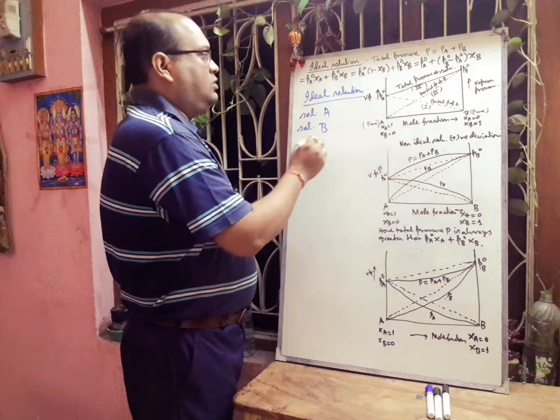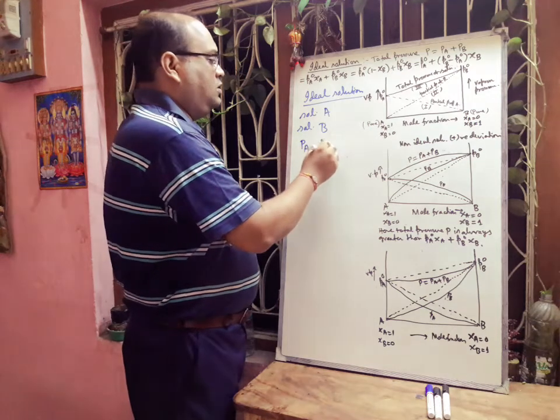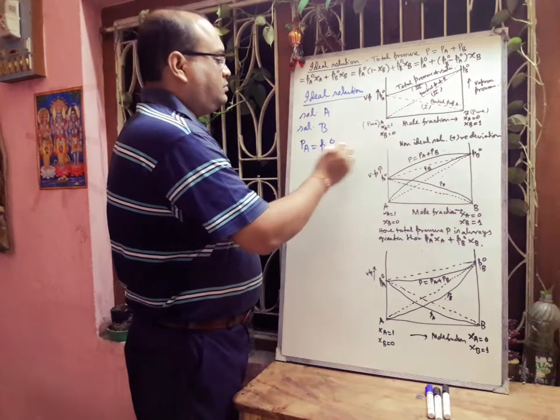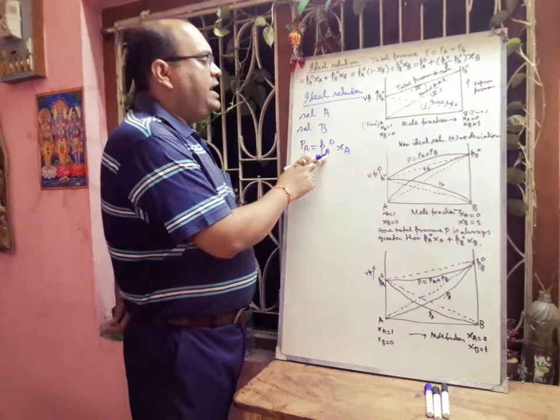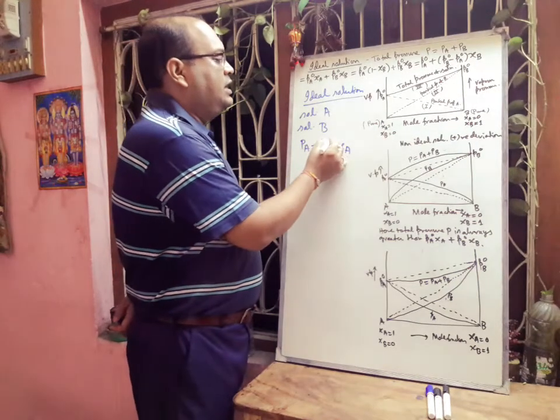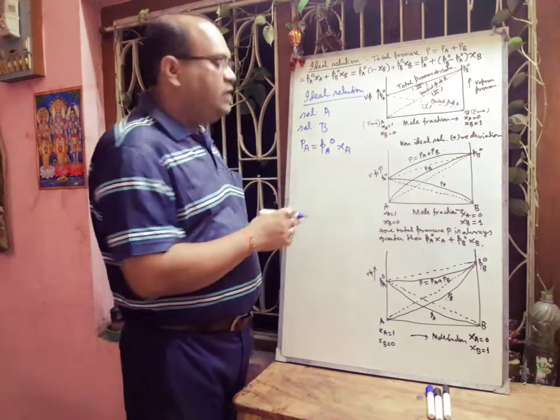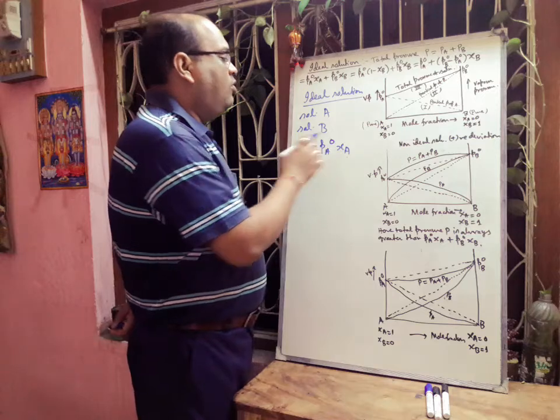PA is equal to PA0 into XA. PA is the partial vapor pressure of A, and PA0 is the vapor pressure of the pure liquid, and XA is the mole fraction.